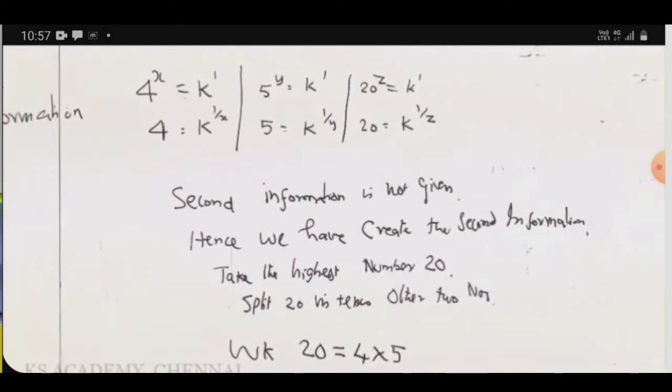Express 20 in terms of the other two numbers; the numbers will be given suitably. 20 is equal to 4 into 5 we can write. Substitute. You are creating the second information. What is the second information created? 20 is equal to 4 into 5.